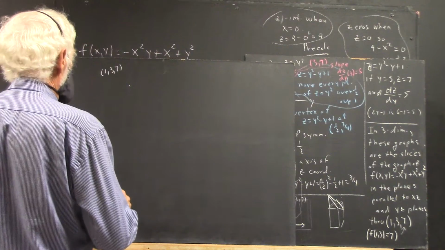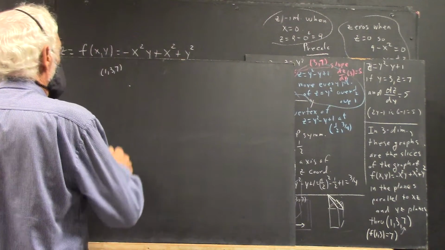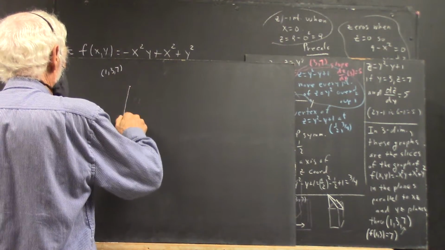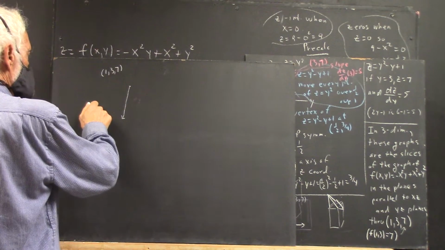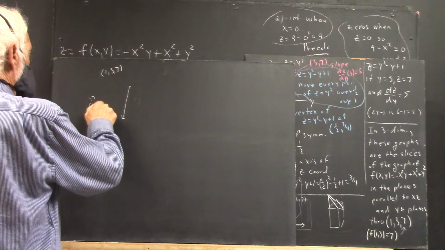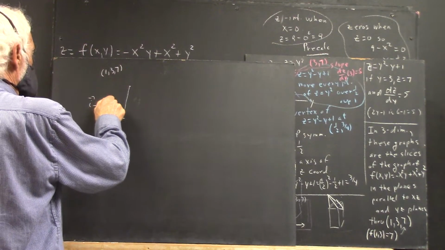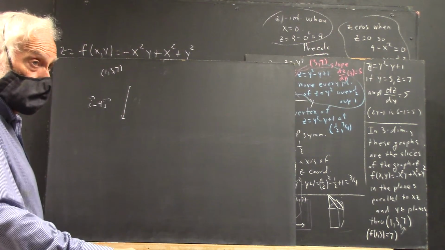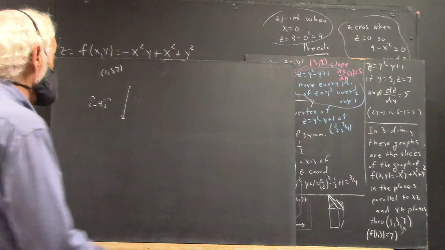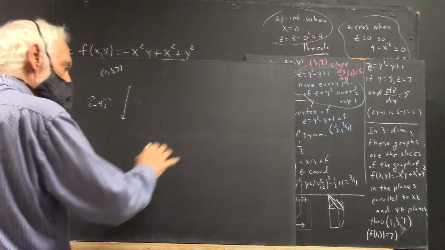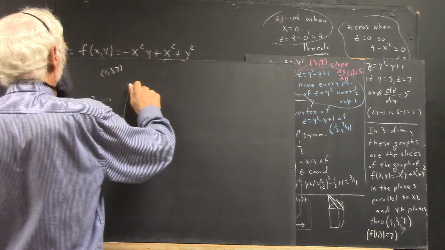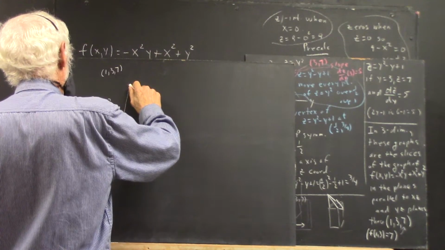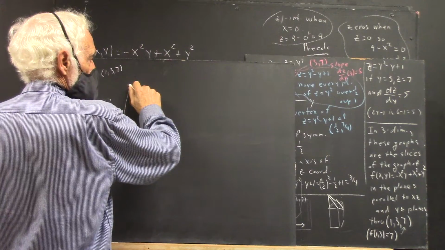in the x direction, your slope is negative 4. So it's like you've got this vector i minus 4k, like we did last time. In the y direction, you've got this vector, where the slope was 5.